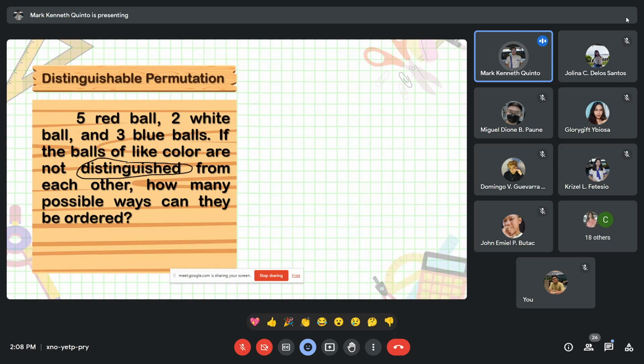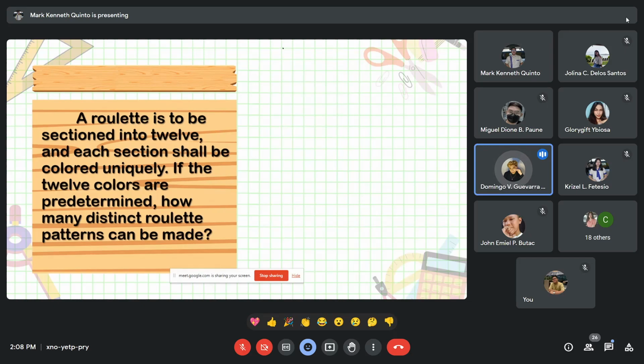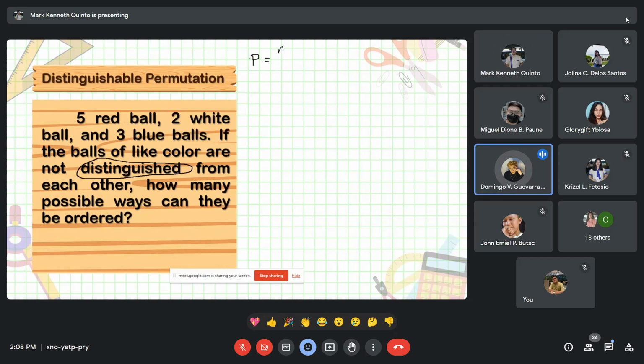So again, what is the formula for distinguishable permutation? We have the permutation is equal to n factorial over p factorial, q factorial, r factorial, and so on and so forth. And so on. So what is the value of our n?